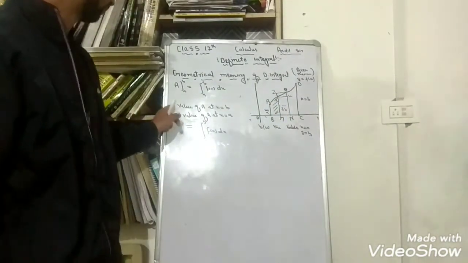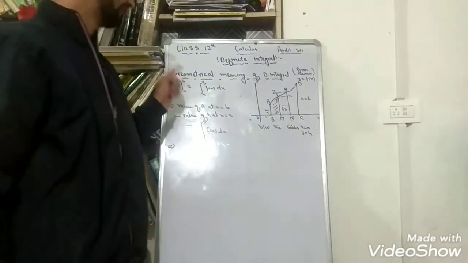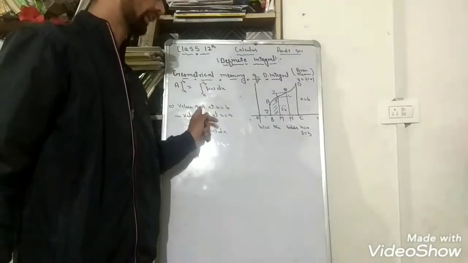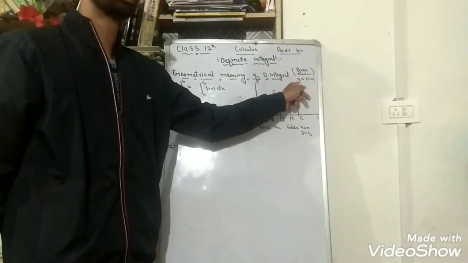Here the question says the value of A, that means the value of the area at x is equal to b, that is this point.